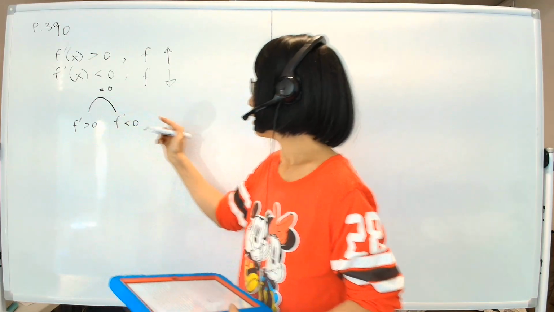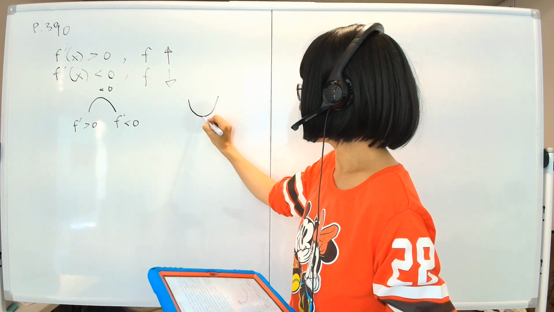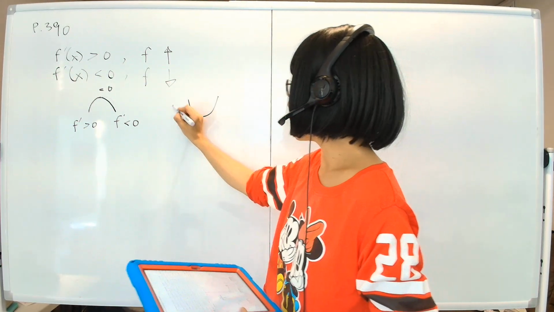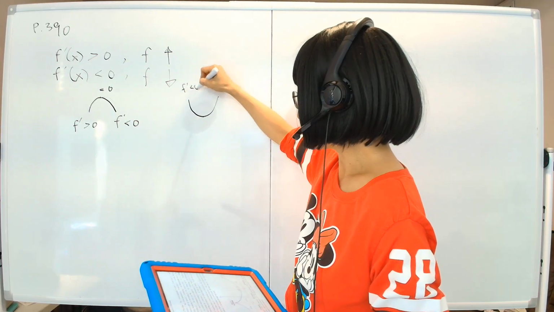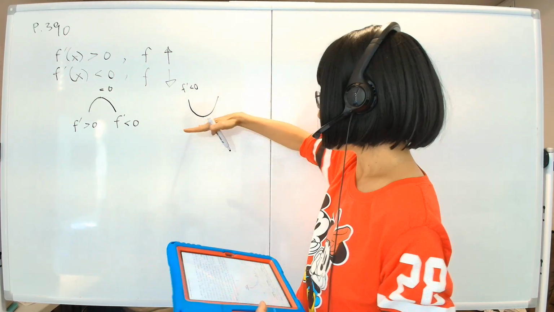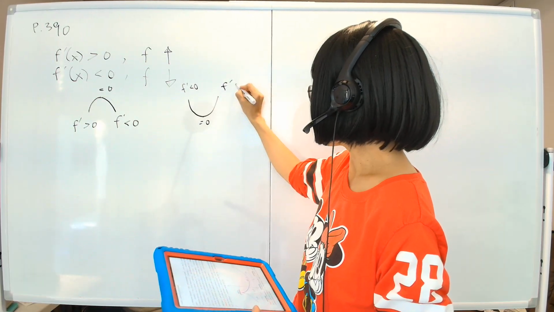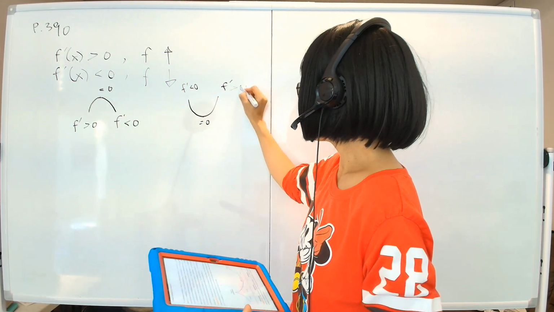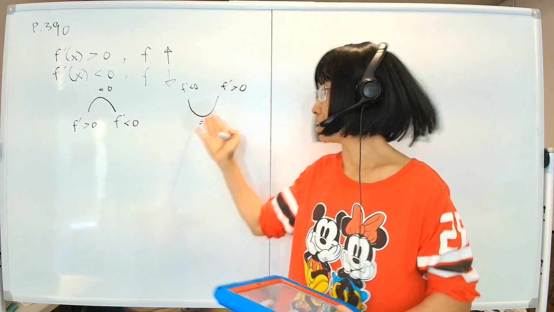And similarly, if you have a critical point right here, then you know that f prime, from this side, is first less than 0, the slope is down, and then it becomes 0, and then it becomes bigger than 0 on this side. If you find that out, then you have a local minimum.